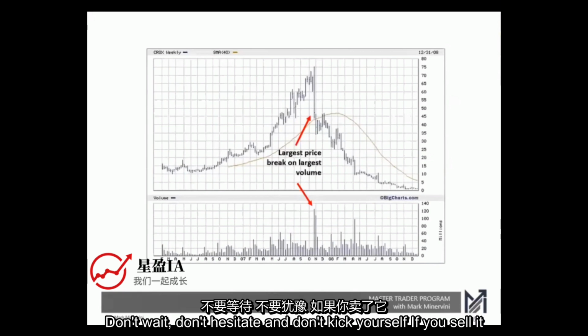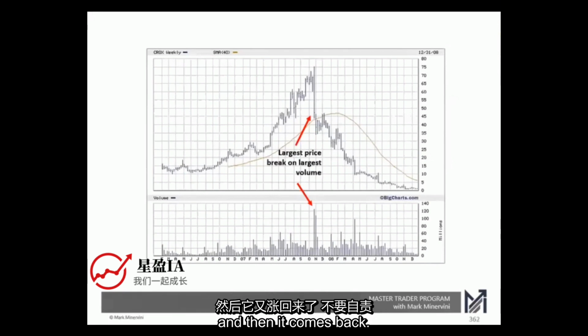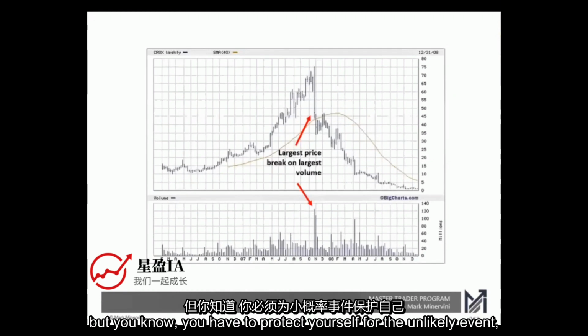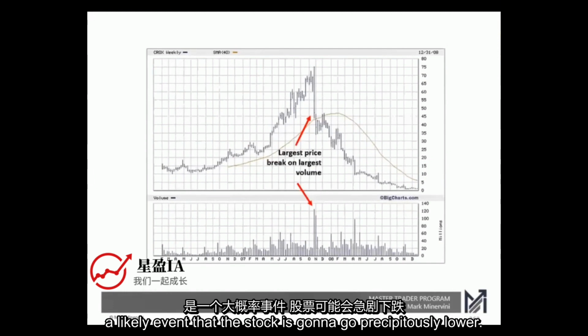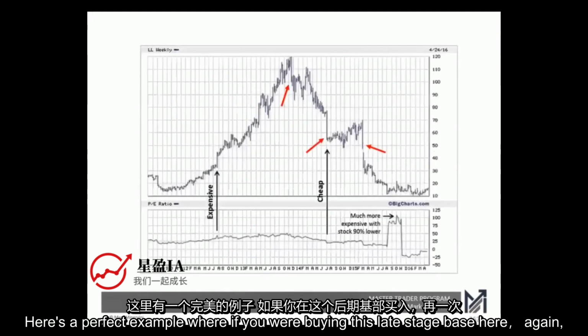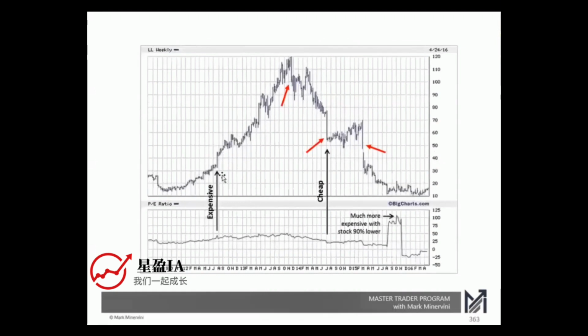Don't wait, don't hesitate, and don't kick yourself if you sell it and then it comes back. Yes, that might happen, but you have to protect yourself for the unlikely event, or in this case, a likely event, that the stock is going to go precipitously lower. Here's a perfect example where if you were buying this late stage base here, again, count the bases.